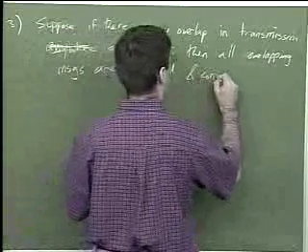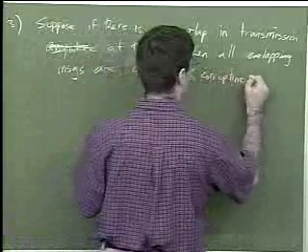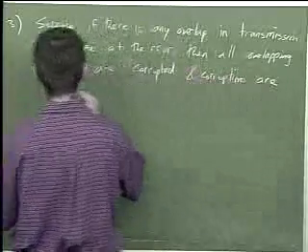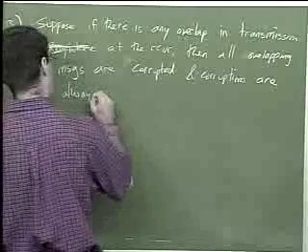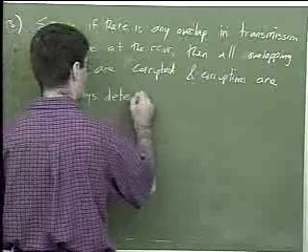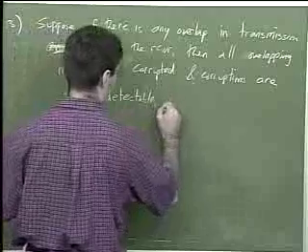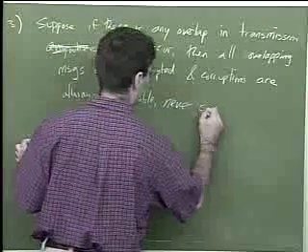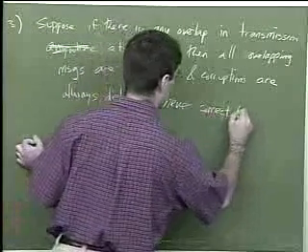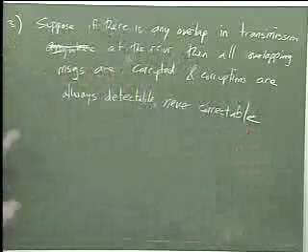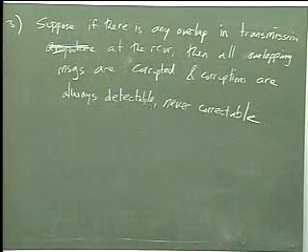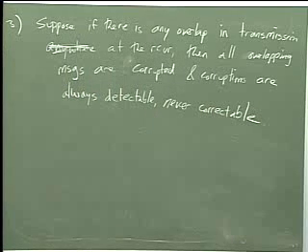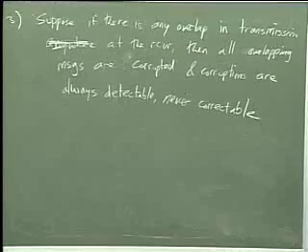And corruptions are always detectable, never correctable. Okay, so if we have this overlap and some bits get messed up and we're using something like a cyclic redundancy check, we can detect that there's messed up bits, but we can't correct them in the message.